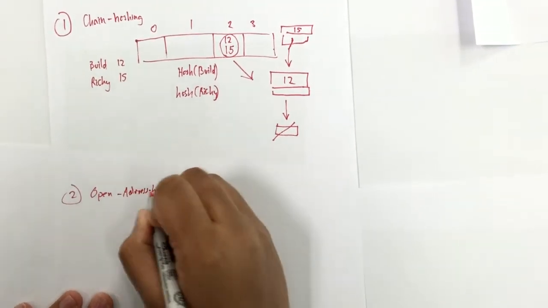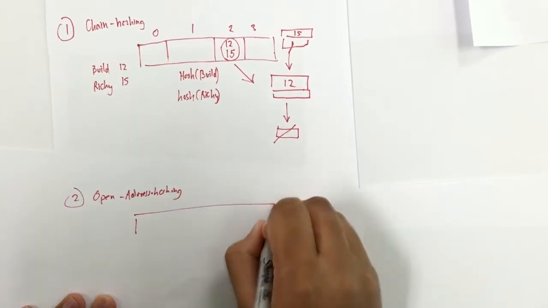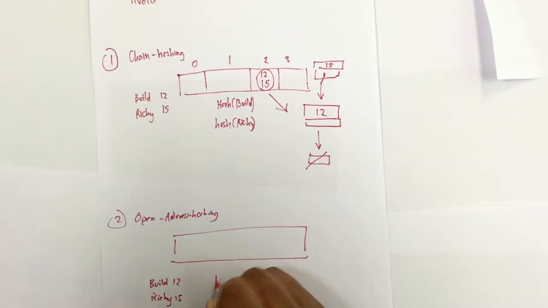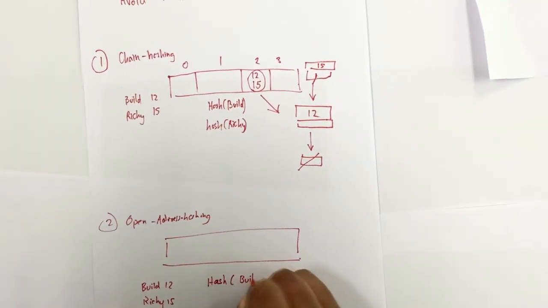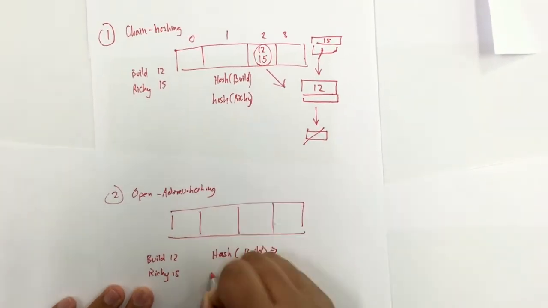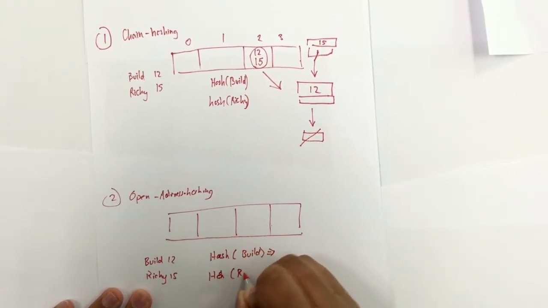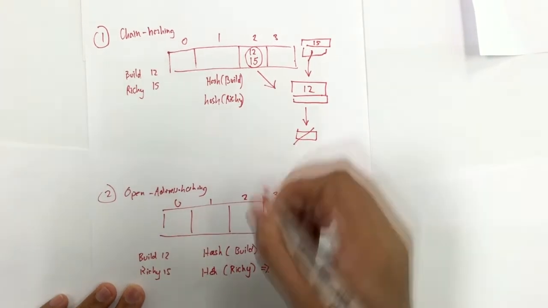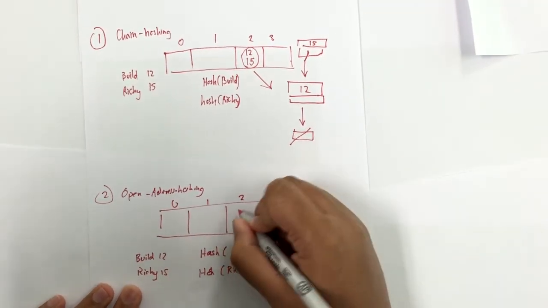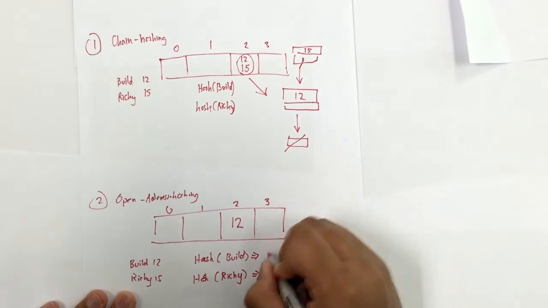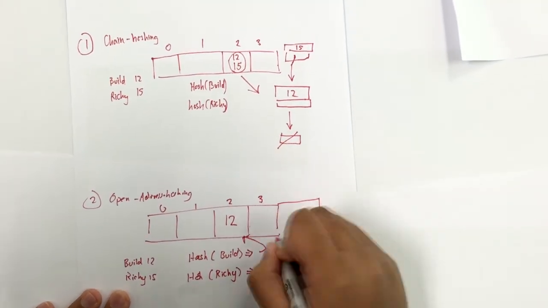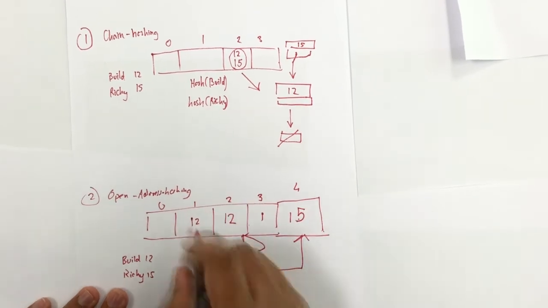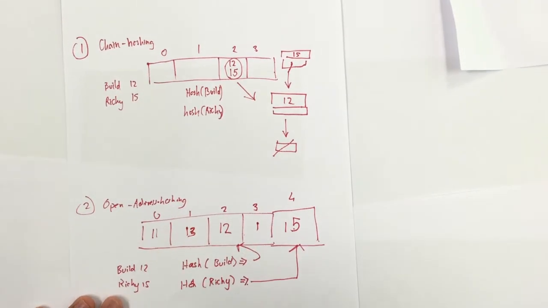The second one is called open address hashing. In this one, if the array slot already holds data and a collision happens, the data is moved to the next free slot. So in this example, Richie will be moved into index 4.